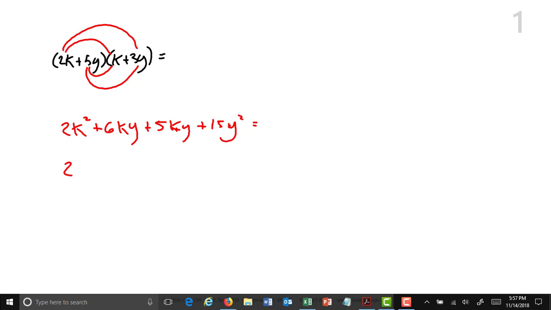Well, okay, so it's 2k squared, and this is going to be a plus 11ky, true? And then plus 15y squared, right? Now, you can see what we did.